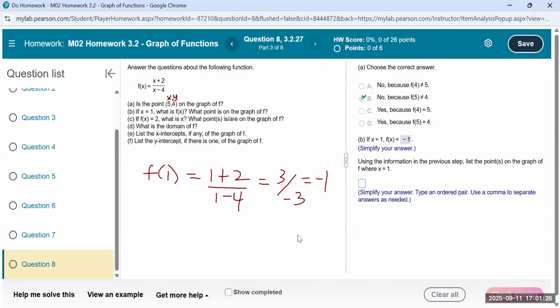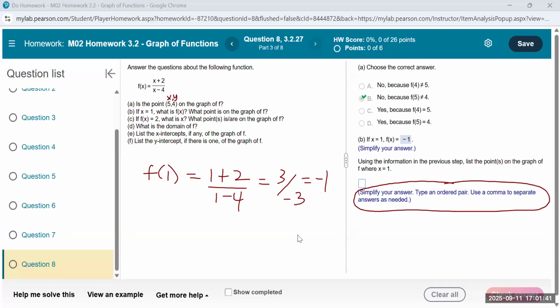Using the information in this step, we're going to list a point on the graph of f where x is equal to 1. This is where you have to read the instruction: we have to simplify our answer and type an ordered pair. With an ordered pair, when x is 1, y is -1. So you write x and f of x.